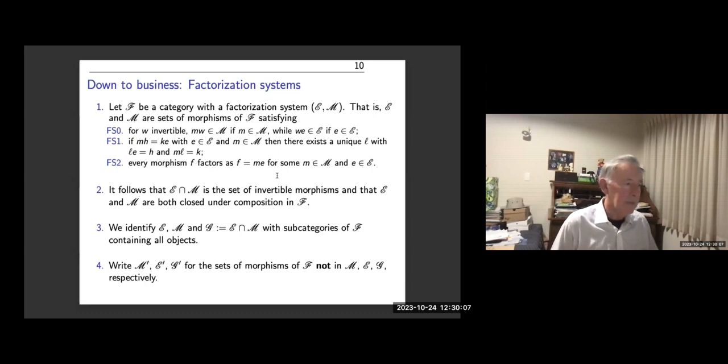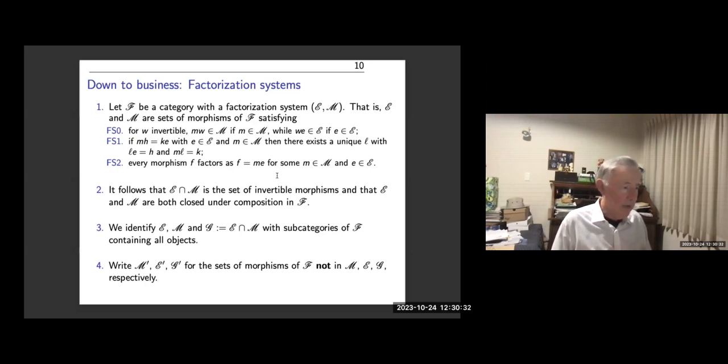So the things that are both E's and M's are invertible. In a general category, it's not true that an epi and a mono necessarily make it invertible. If something's epi and mono, it need not be invertible. But if it's a factorization system, then that is true.